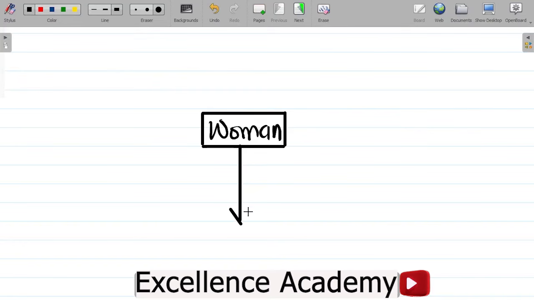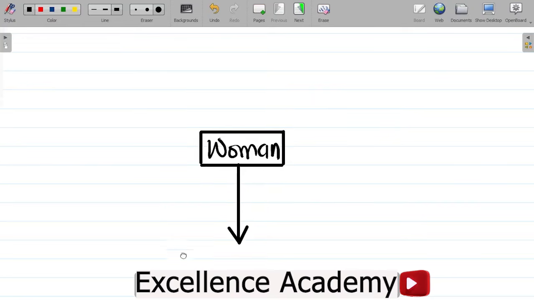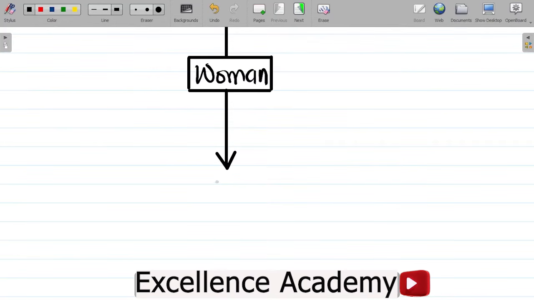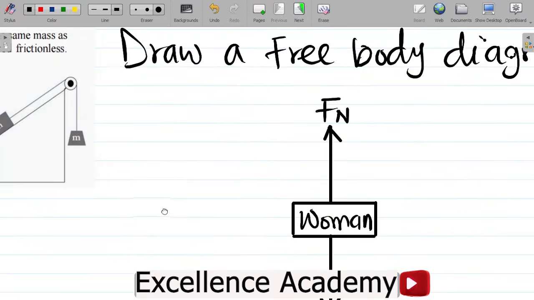Also, her normal reaction is acting opposite her weight, so the normal reaction will act upwards. We call this Fn, that's the normal reaction or normal force. Acting downward will be weight W, which is given by the product of mass and gravity. So you have this.